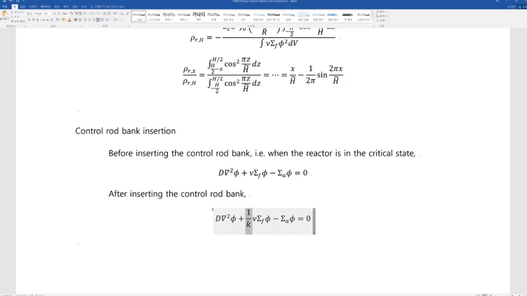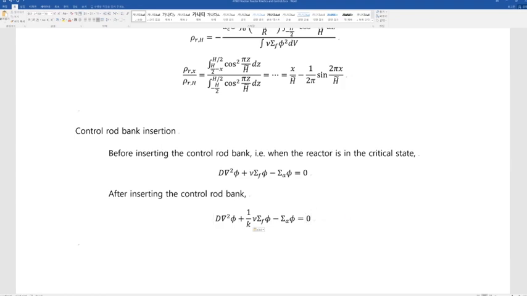So after inserting the control rod, K will not be 1. In this case, if we do not provide 1 over K, this would not be 0. However, if we properly insert 1 over K here, then now the right hand side becomes 0.